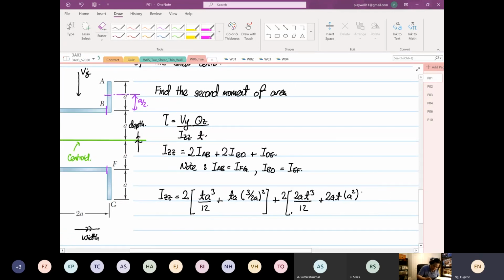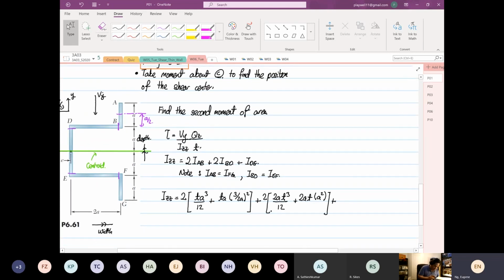And then lastly plus, the width is T, then you have 2A cubed over 12. You don't need to add an offset term because the individual centroid for member DE is the same as the global centroid, so there is nothing to add. If you're going to write this down, it is plus T multiplied by 2A multiplied by 0 squared.